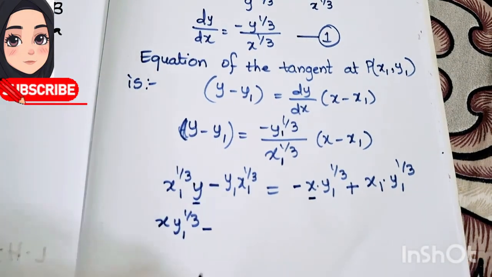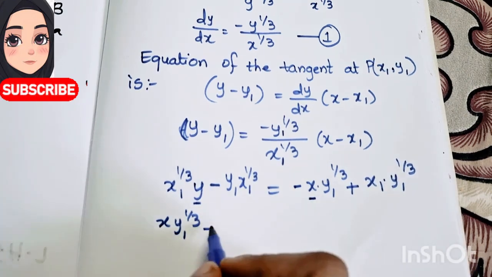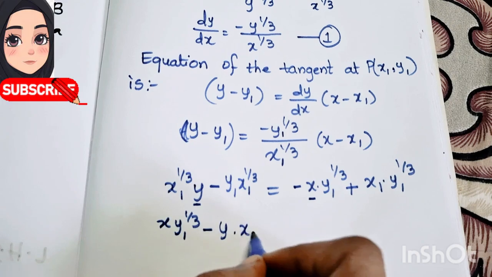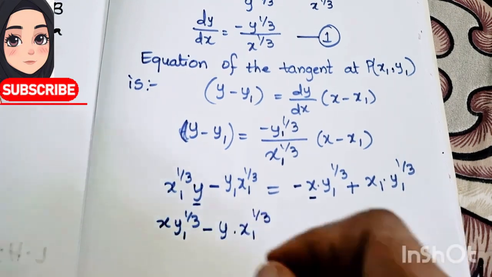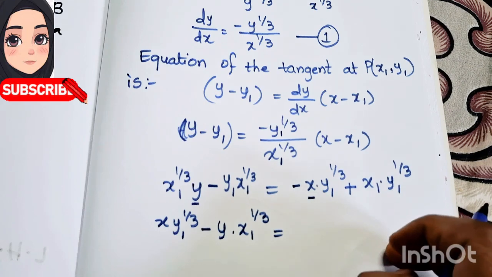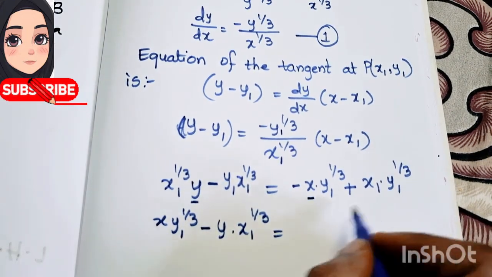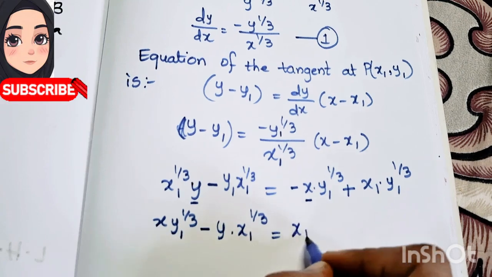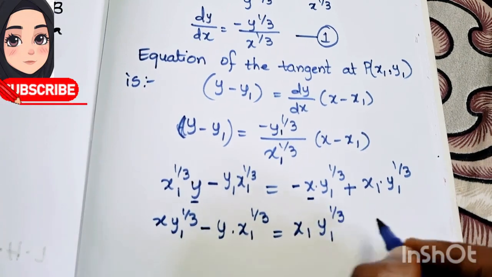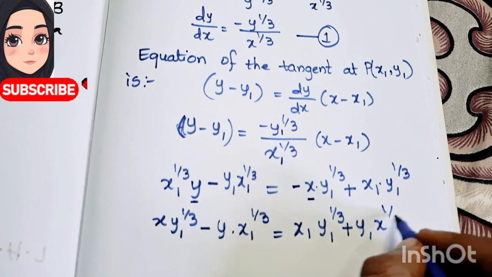Now x times y1^(1/3) comes to this side and y into x1^(1/3). Okay, now this one goes to this side, it becomes what? Positive. And here x1 is there, write down x1 y1^(1/3), and this one is positive, y1 x^(1/3).